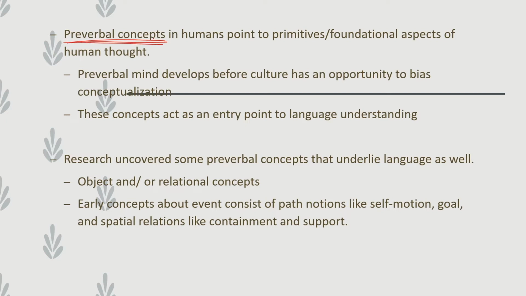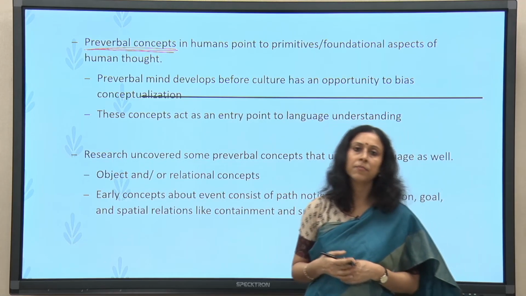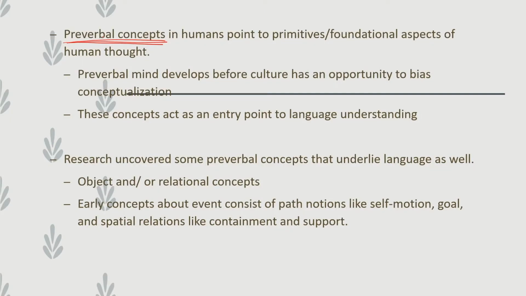These concepts are called pre-verbal concepts, plainly because the verbal stage has not started. Children before 1 year are not able to speak properly, they are not yet speaking the language as they will do in later stages. So, that is why it is called pre-verbal concepts.